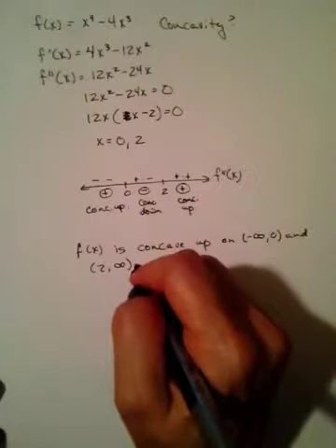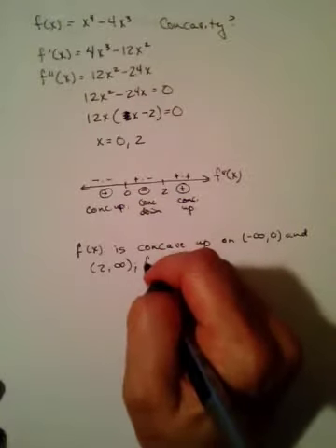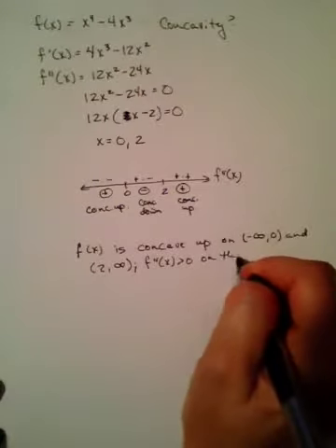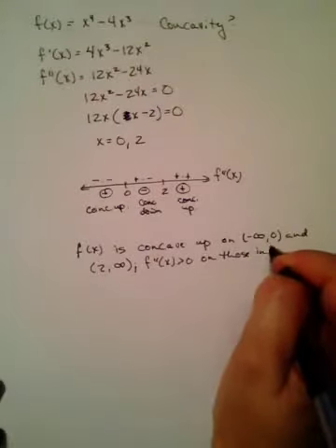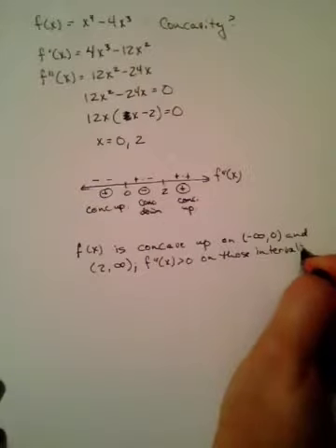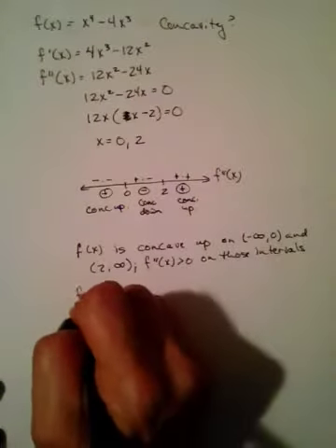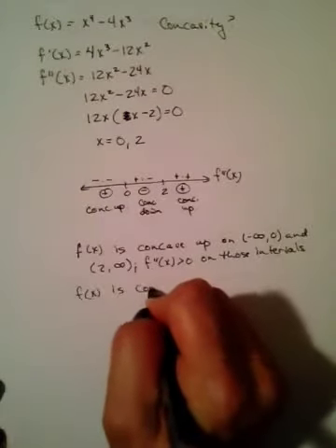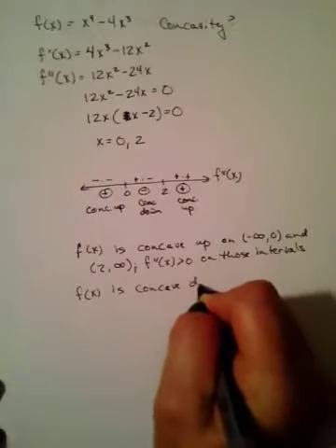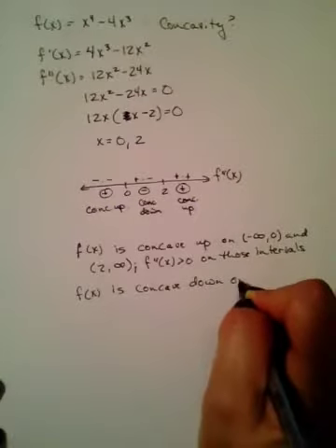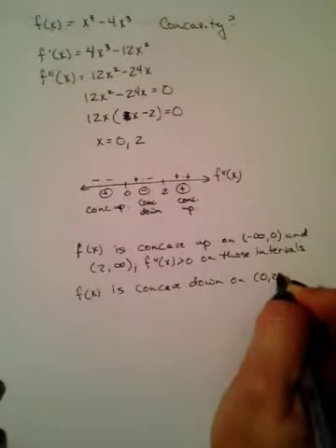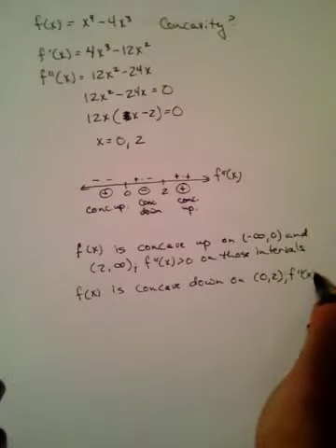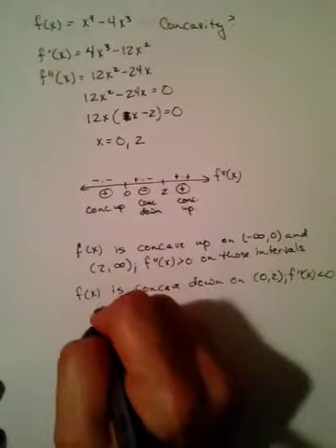And I know that because f double prime of x is greater than 0 on those intervals. So I know that f of x is concave down on the interval 0 to 2.